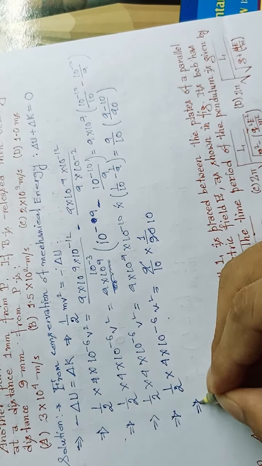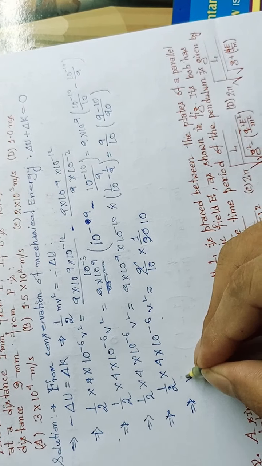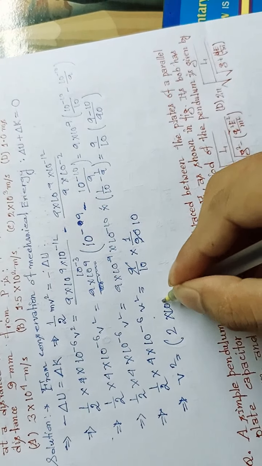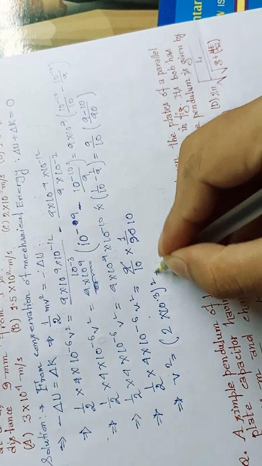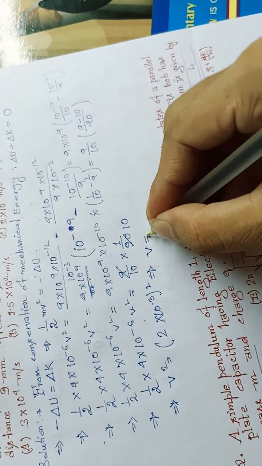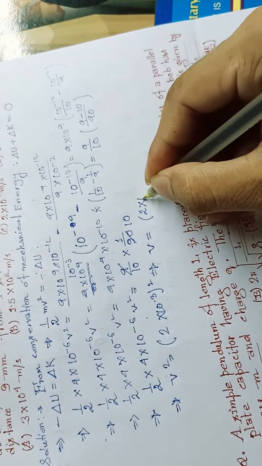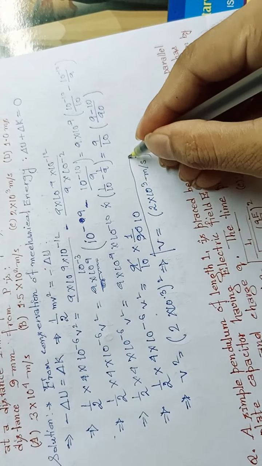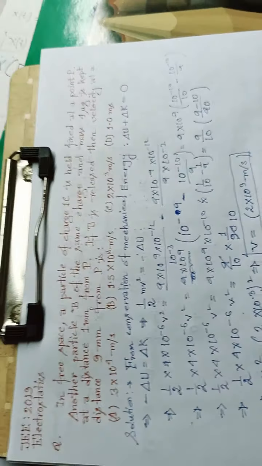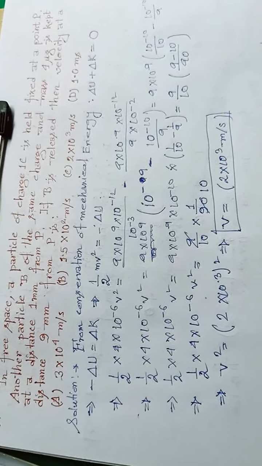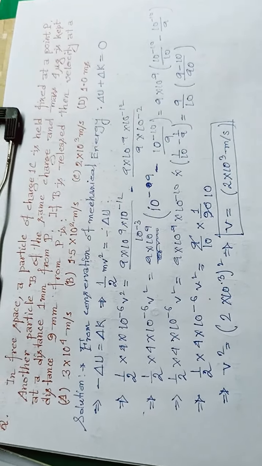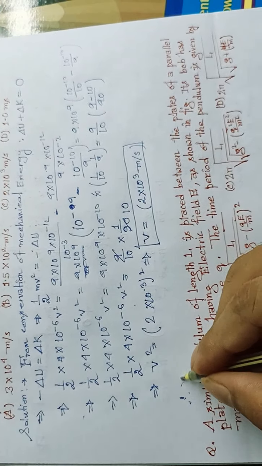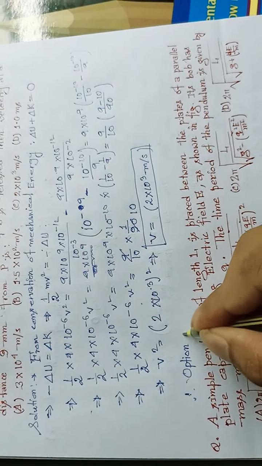From this equation we can find v squared equal to 2 into 10 to the power 3, whole squared. So our velocity will be equal to 2 into 10 to the power 3 meter per second. This is the required answer of the given question. Now this is matching with option C. Therefore, option C is correct.